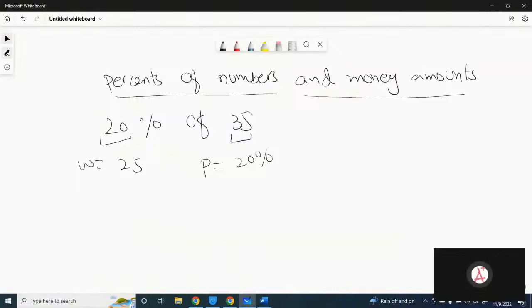You have to form a proportion. Let's suppose n is the part. It would be n divided by 35, and that equals 20 divided by 100. Got it? Okay, just do cross multiplication. N times 100 equals 20 times 35.